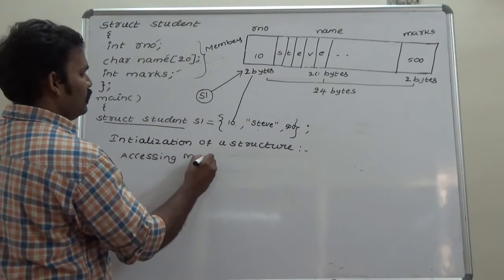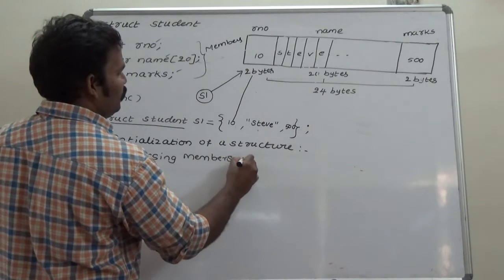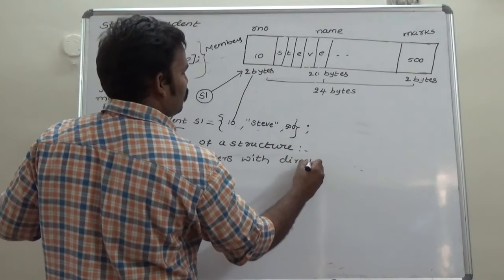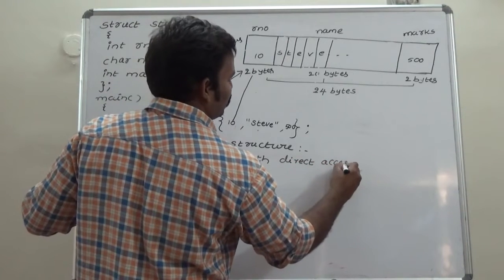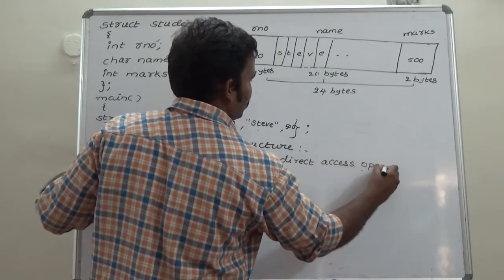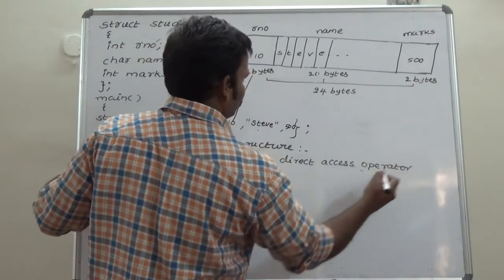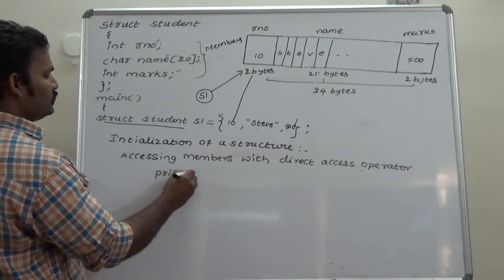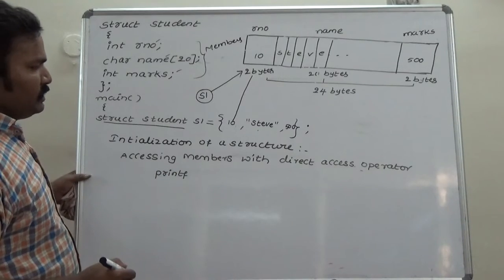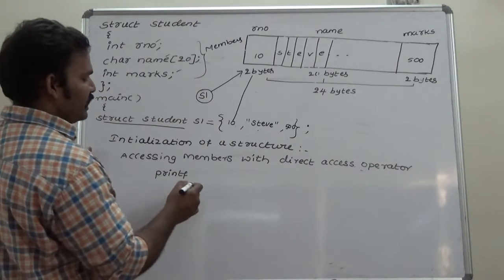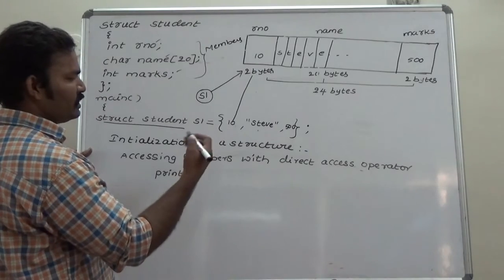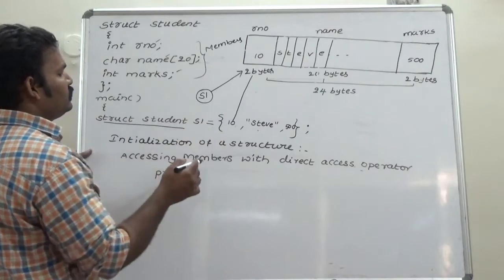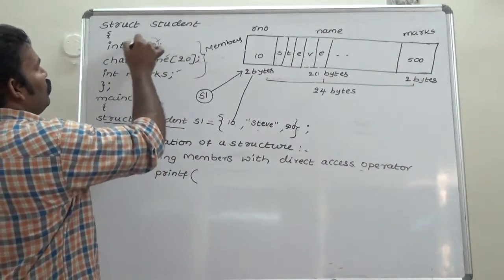I want to access as well as print the members. printf, the first member is roll number.